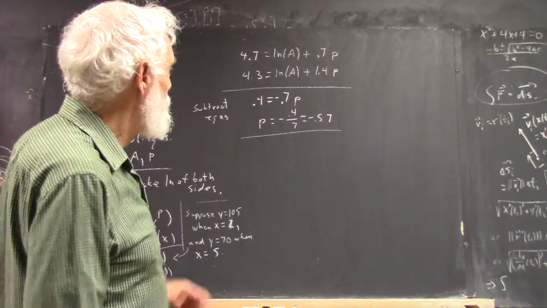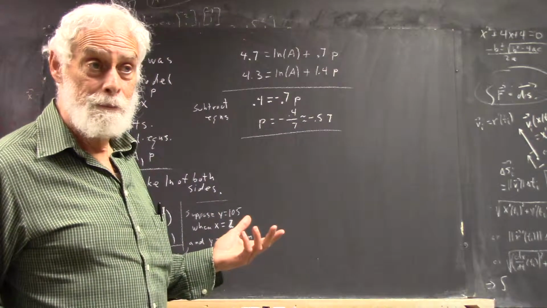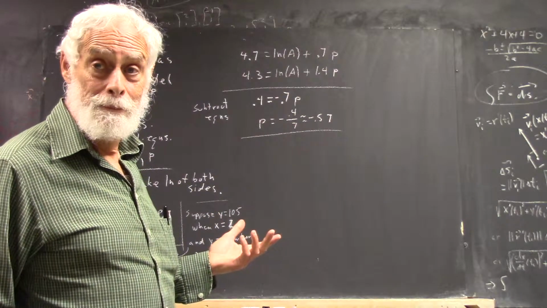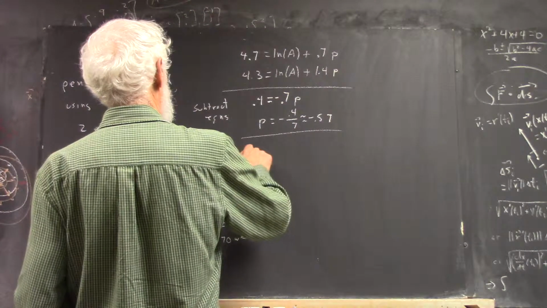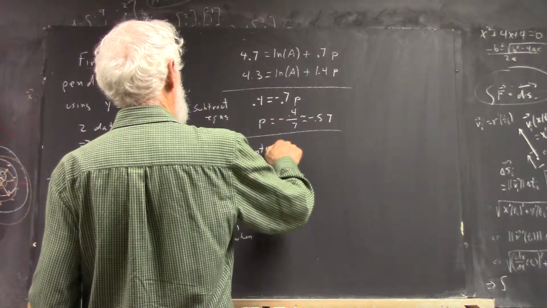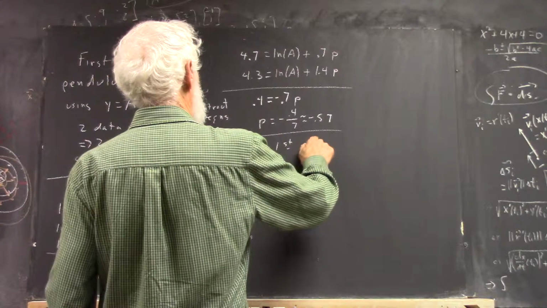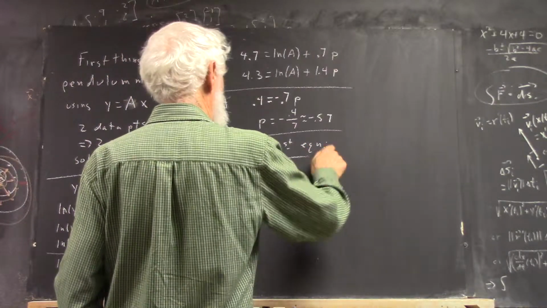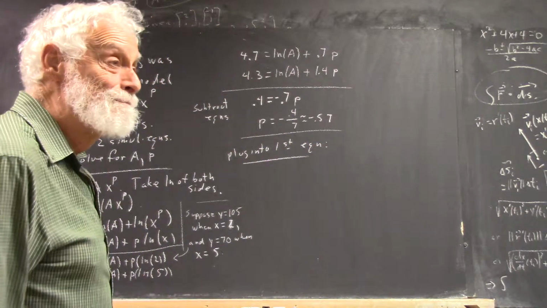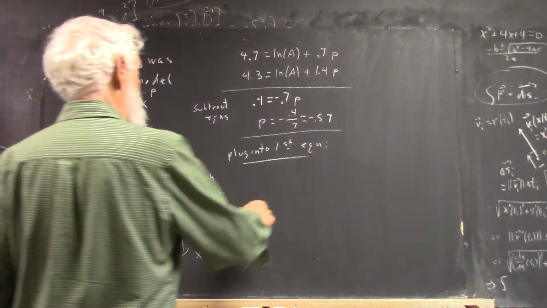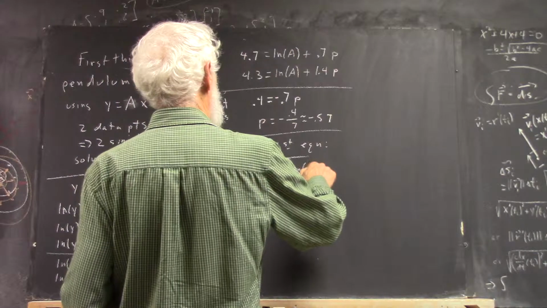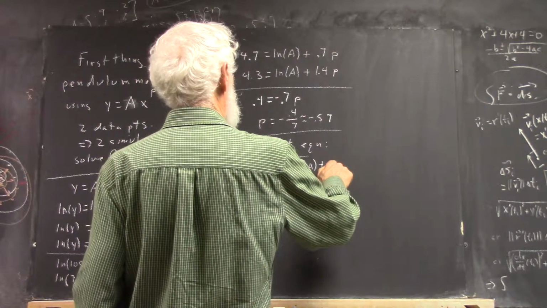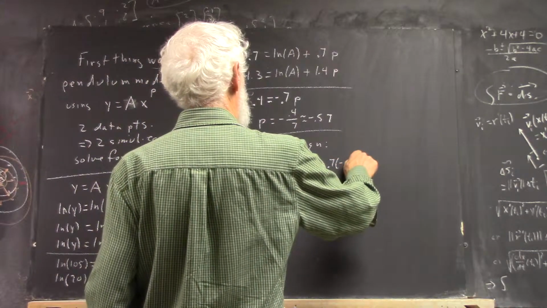Okay, now how are we going to find A? Plug into the first equation. If you like the second one better, that's okay, but I just chose the first one. Okay? You get 4.7 equals the natural log of A plus 0.7 times negative 0.57.